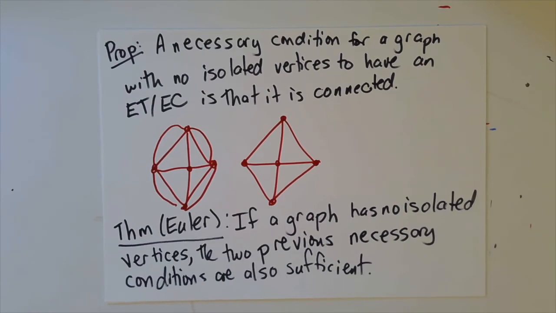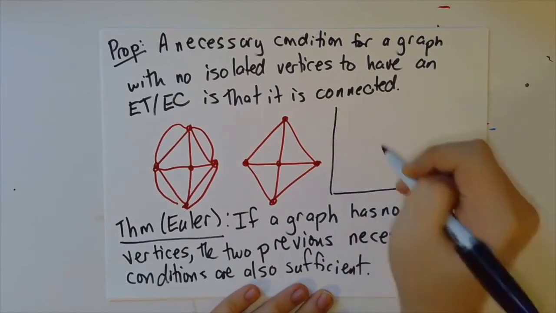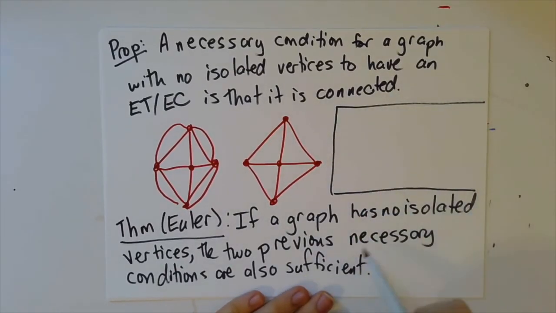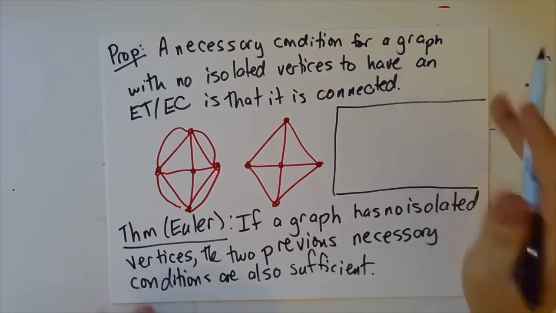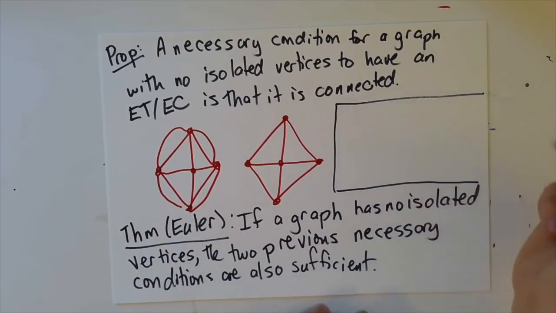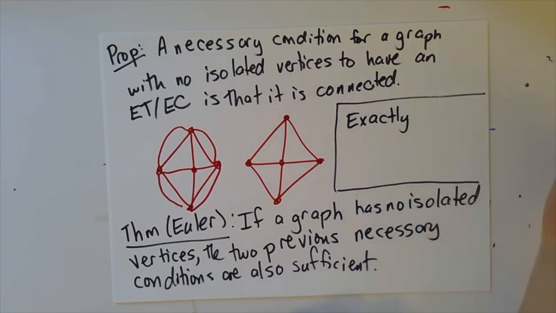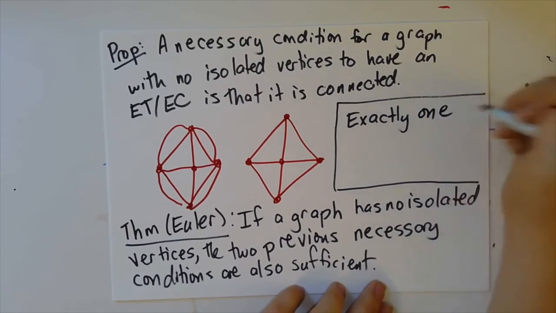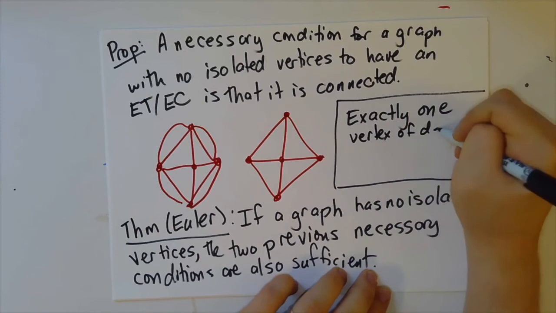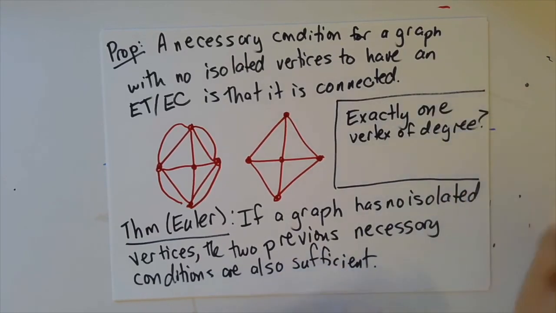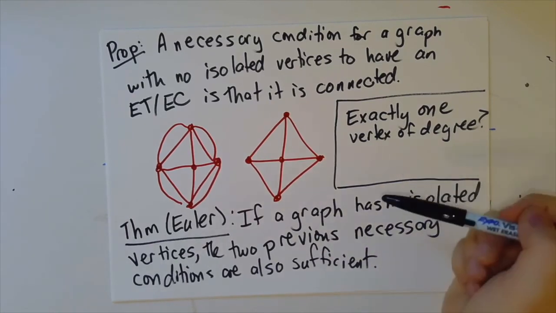One more question before we end this video. And in the next video, I'll explain why this is true, by the way. What if a graph has exactly one vertex of odd degree? We said what happens if a graph has exactly 0 vertices of odd degree or exactly 2 vertices of odd degree.